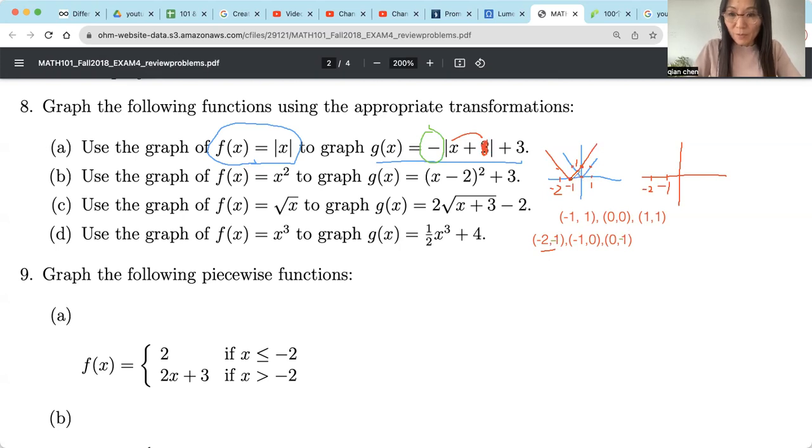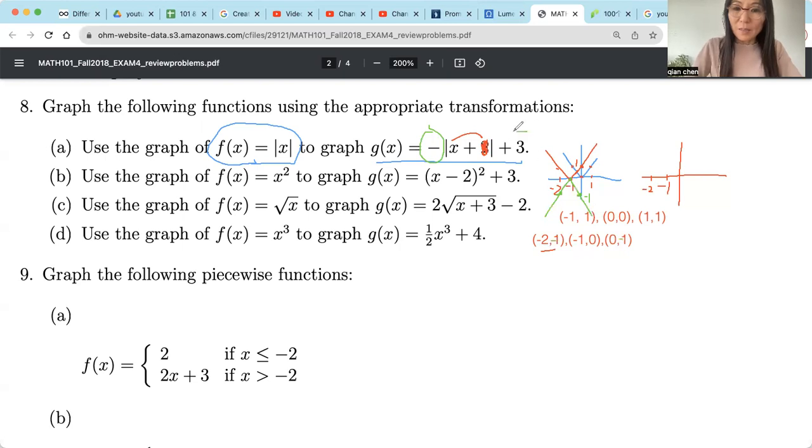If I graph the 3 points, I would have -2, -1, this point, and -1, 0, this point, and 0, -1, this point. So the green color shows the negative, the reflection over the x-axis.